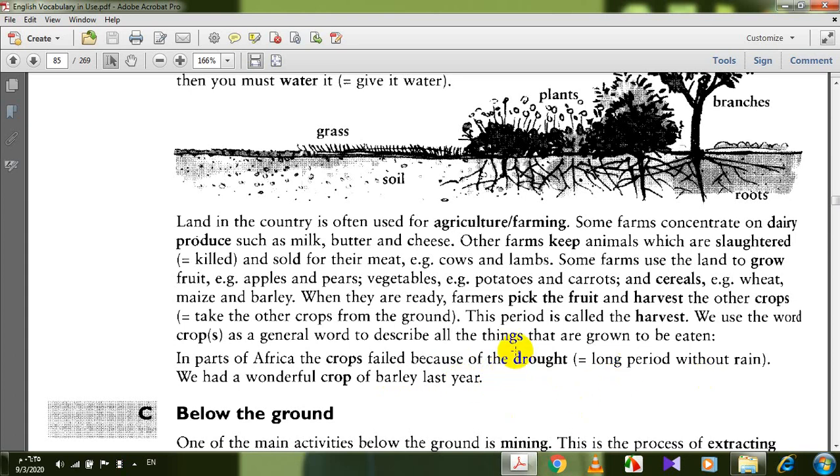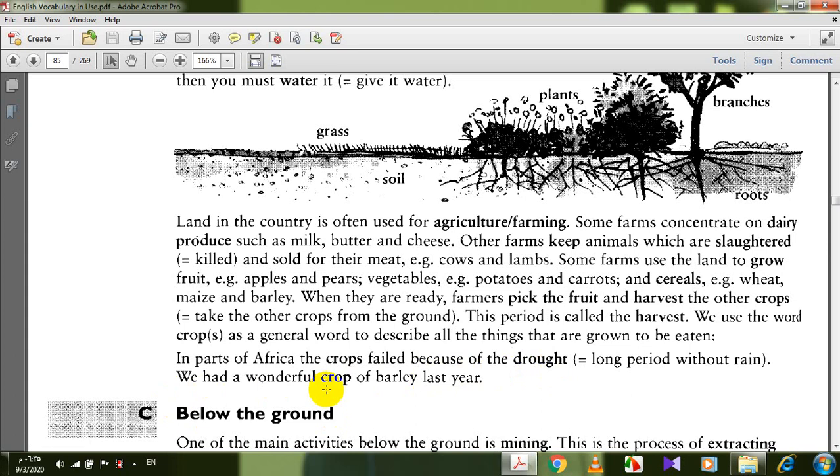If an area suffers from drought, it means it is without rain for a long period of time. In parts of Africa, the crops failed because of the drought.